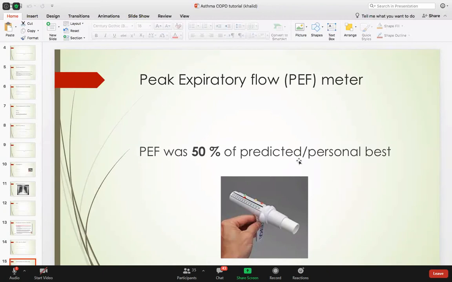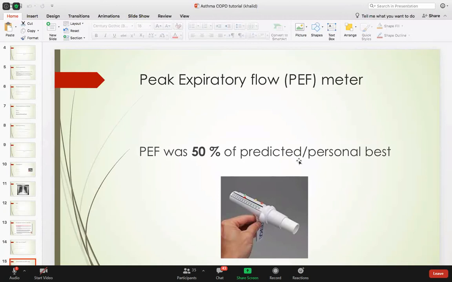Based on age, gender, as well as sometimes the weight, and sometimes even the height, there is a predicted peak expiratory flow. So it's like an equation: if this is your age, this is your gender, this is your height, this is your weight, your predicted peak expiratory flow is 400.